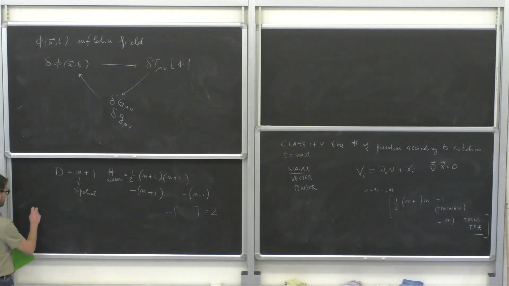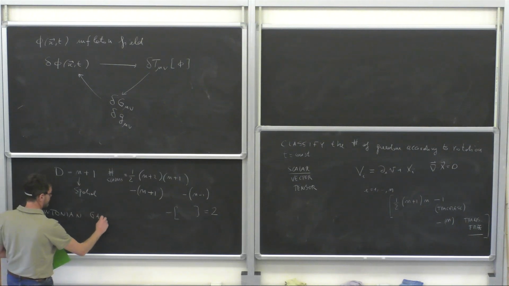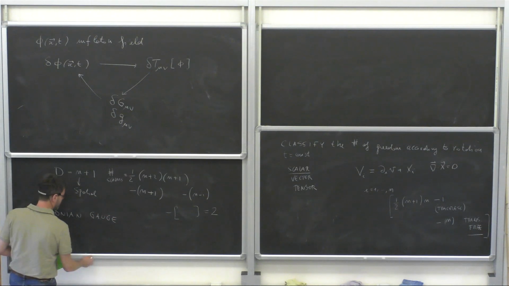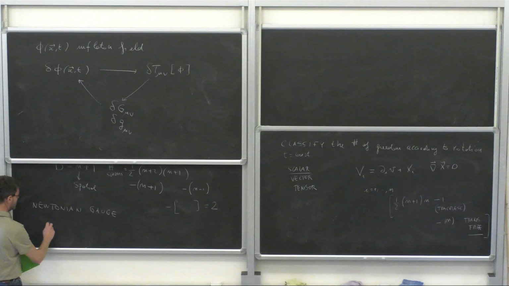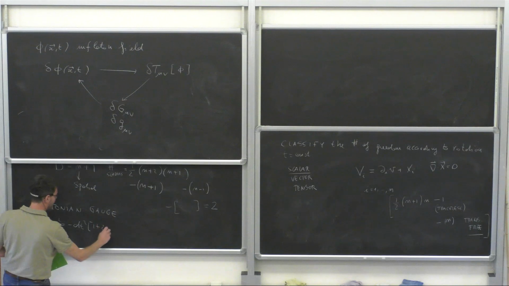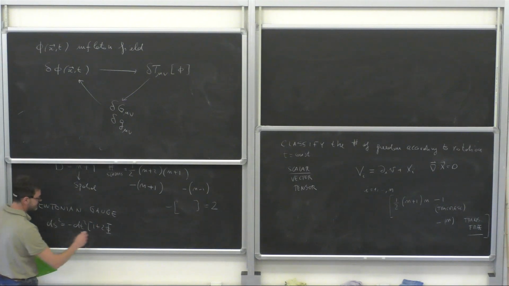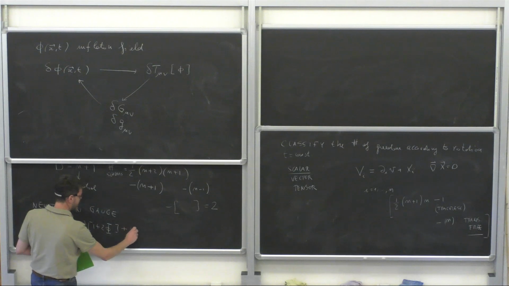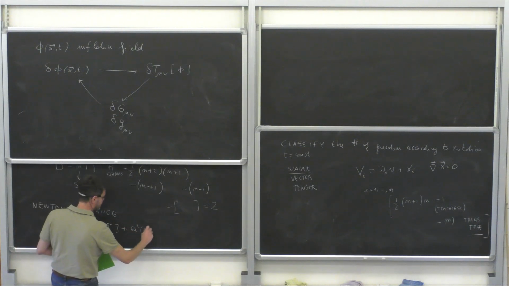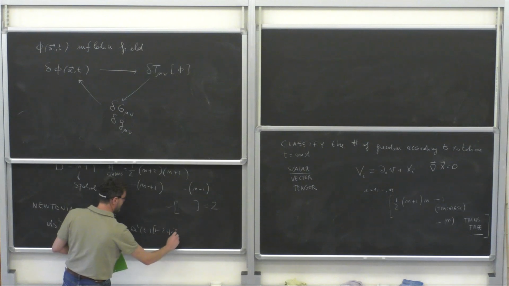But in general, I can choose the Newtonian gauge, where I put my 2 scalars in this way. I have minus dt square, 1 plus 2 phi, and I put a capital phi not to be confused with the scalar field, plus a square of t, 1 minus 2 psi times dx square.